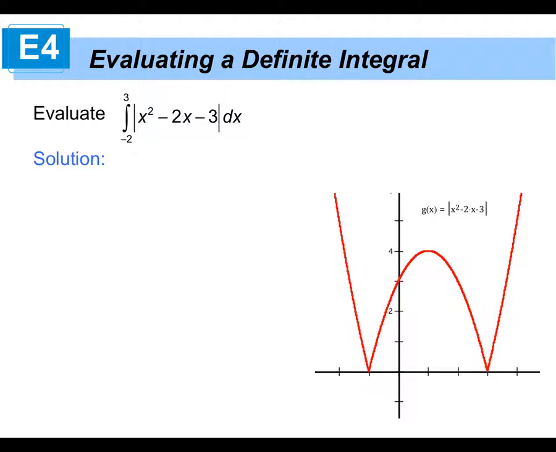But this is AP calculus, so you got what? 13. Okay, good. How do you explain the difference? Why is one answer, when this is back down here, why do you get a negative answer, but when it's up here you get a positive answer? So below the x-axis, why would that give me a negative answer though?